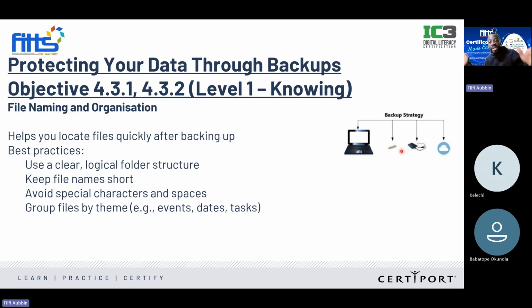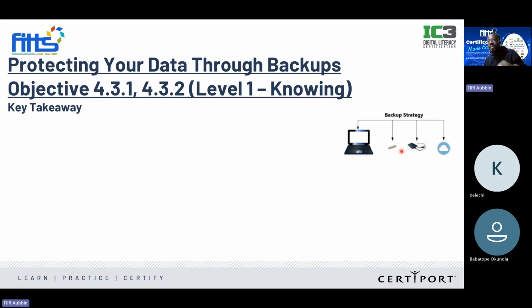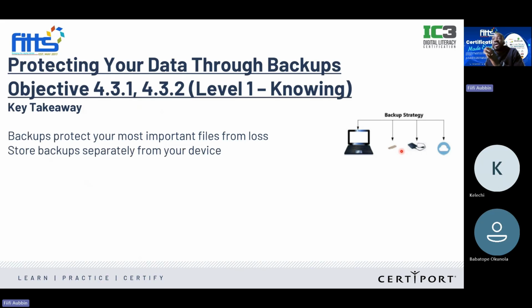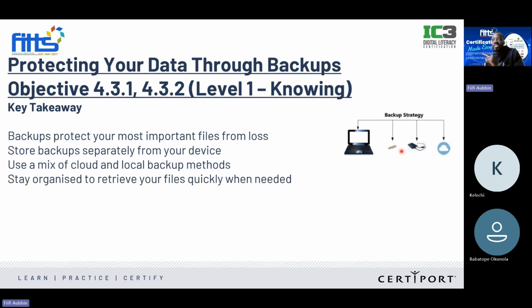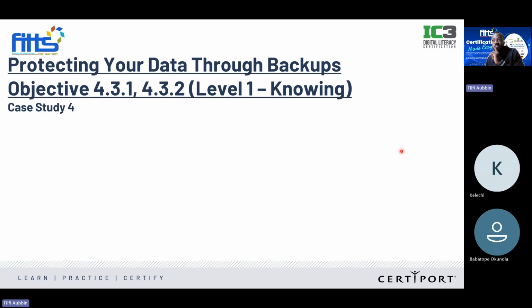So it depends on how you manage your files on your system, okay? So the key takeaway here is protect your most important files from loss, and store backups separately from your device. Use a mix of cloud and local backup methods, and stay organized to retrieve your files quickly when needed.